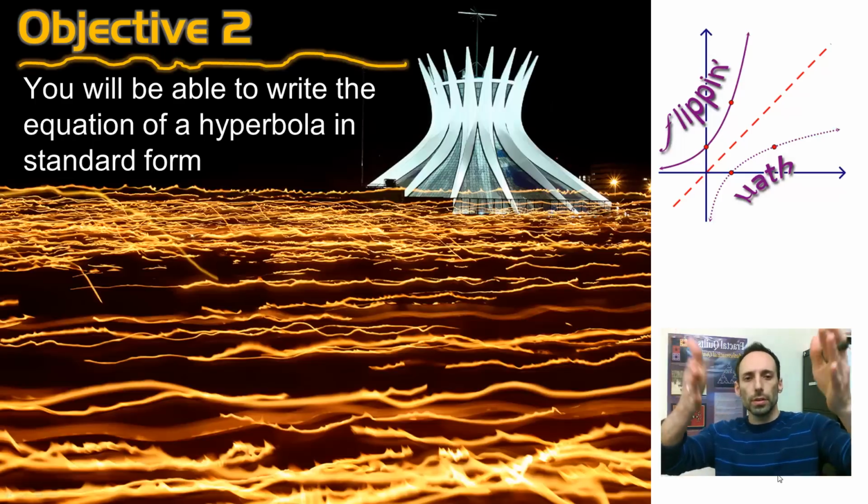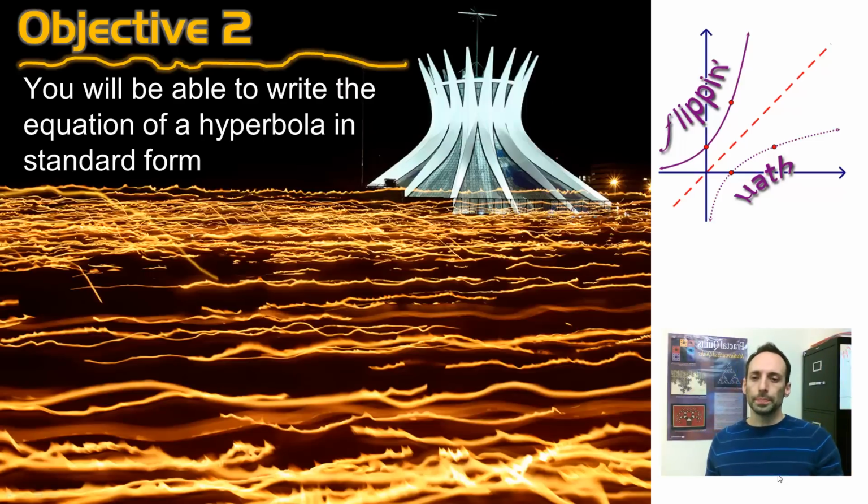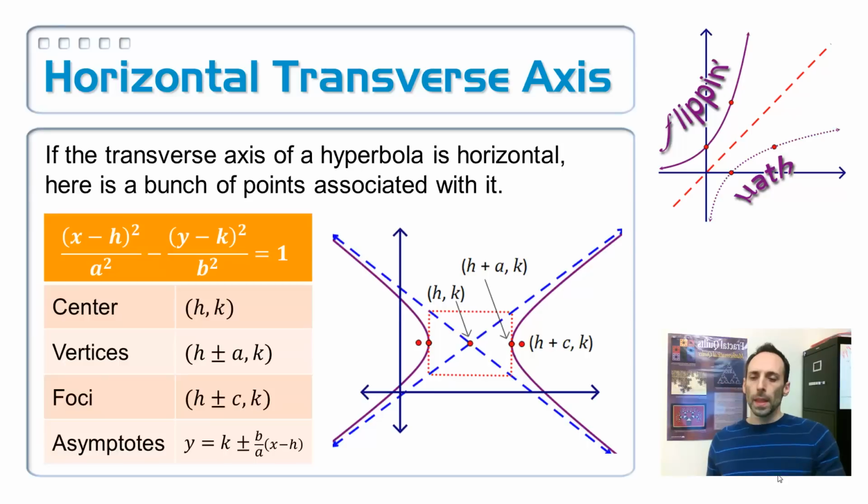You can see that the shape of it is a hyperbola. It's very cool architecture. And the things that look like waves, I believe those are just torches that people are running across the field of the camera. So it makes for a pretty interesting picture.